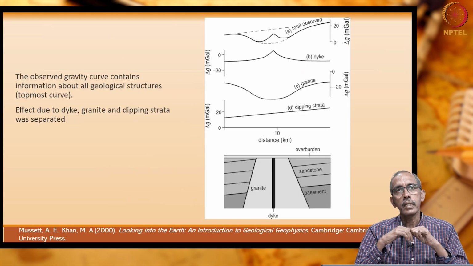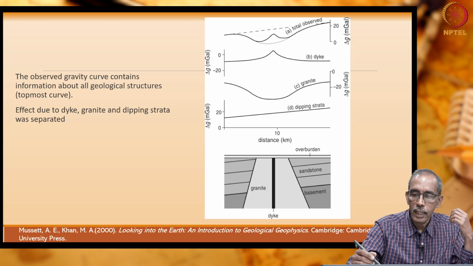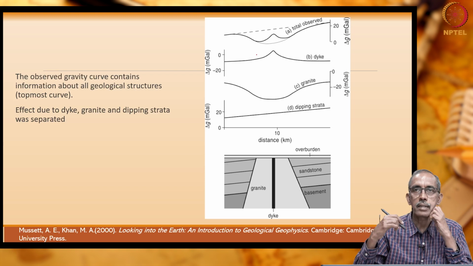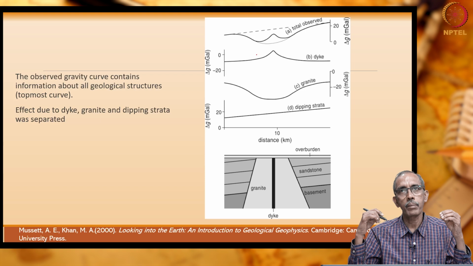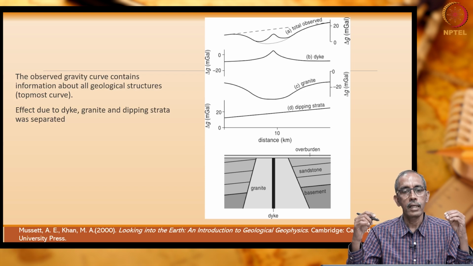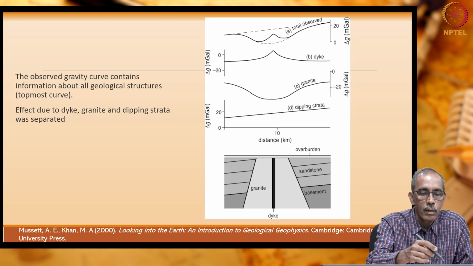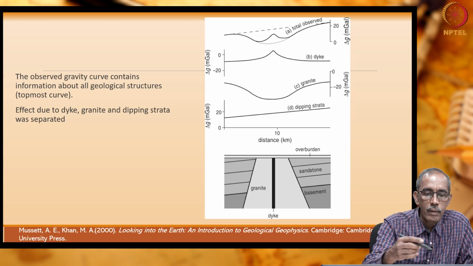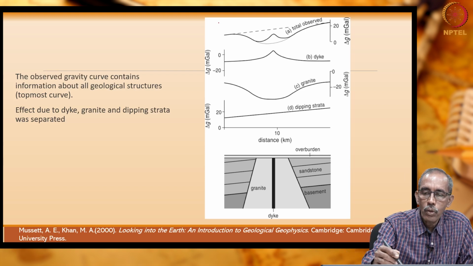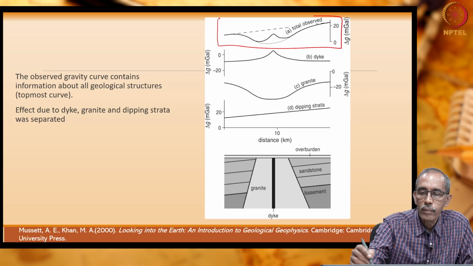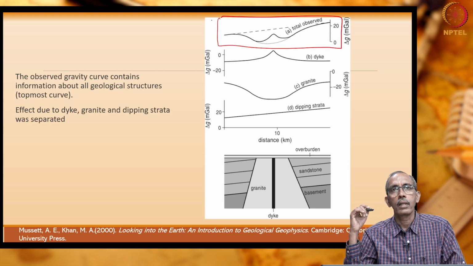Right. So, here the observed gravity value contains, right, all the major structures. So, here is an interesting example, right. There are techniques available to segregate the effect of each and every structure, right. In this study, these scientists have carried out a study and plotted the total observed gravity value, right.